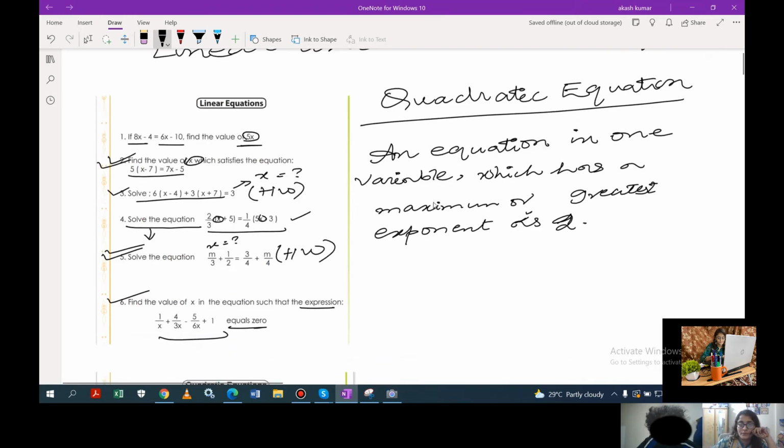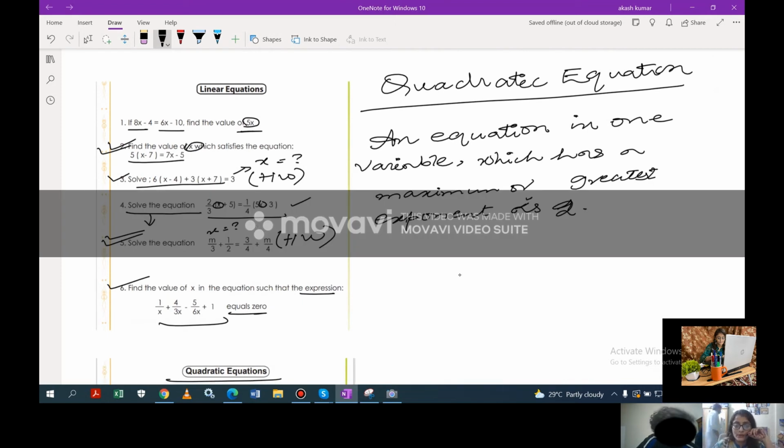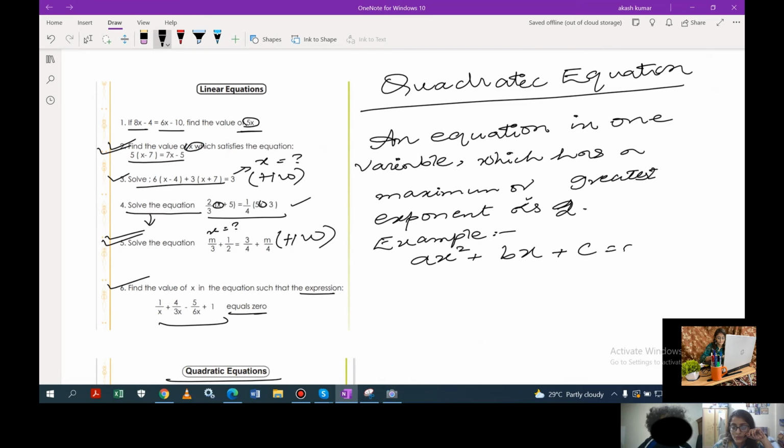So the example of a quadratic equation is ax squared plus bx plus c equals 0. This is the example of a quadratic equation where a, b, and c are constants.